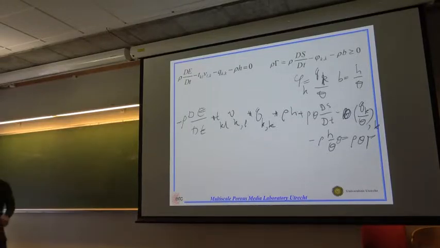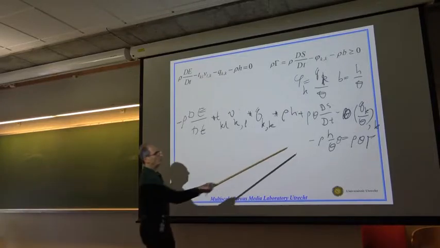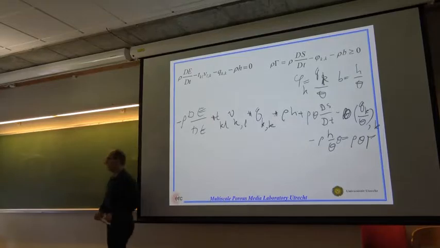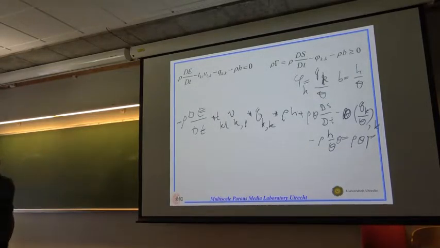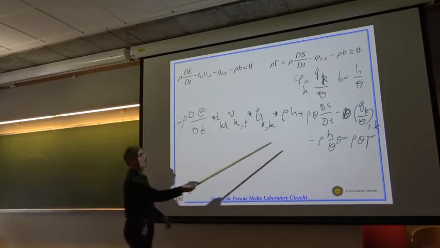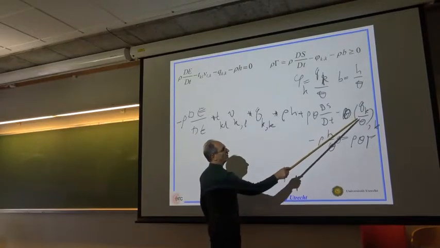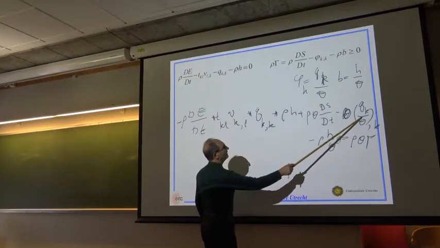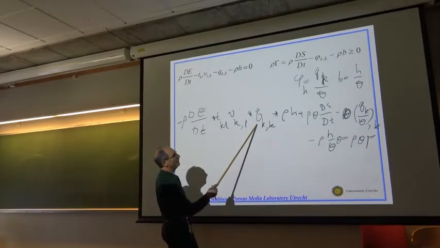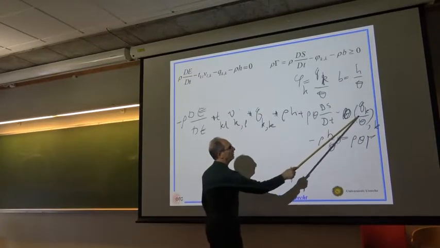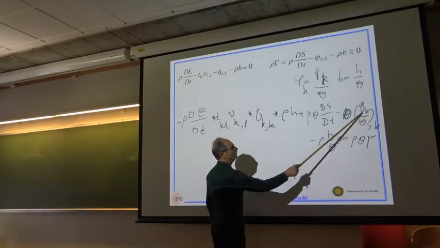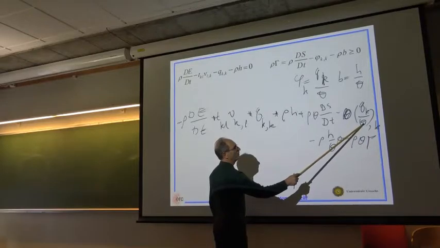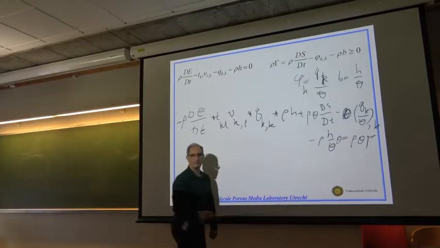So you can see that these two thetas cancel. You have minus rho h plus rho h. They cancel each other. And from this term also, you get a 1 over theta times q_k, and that cancels this plus q_k. So from here only remains the q_k times the derivative of 1 over theta, and that's minus 1 over theta squared times the derivative of theta.